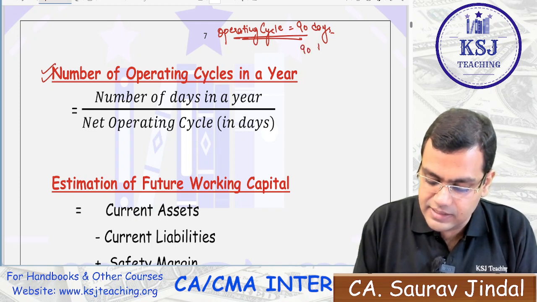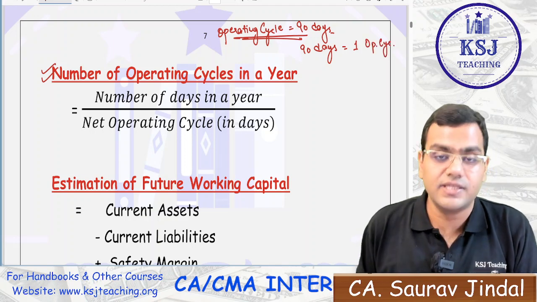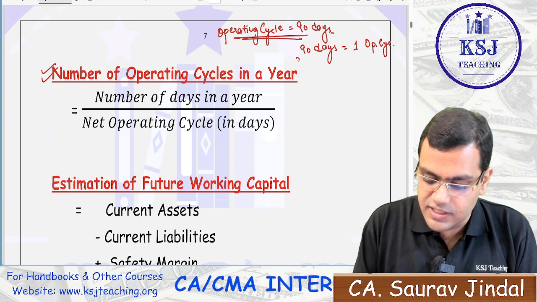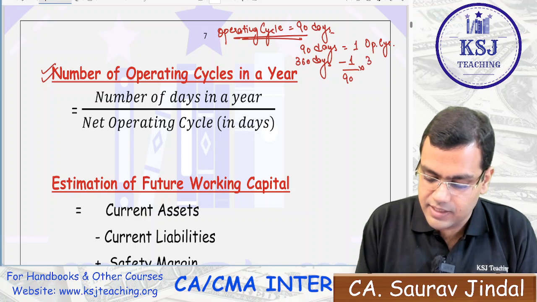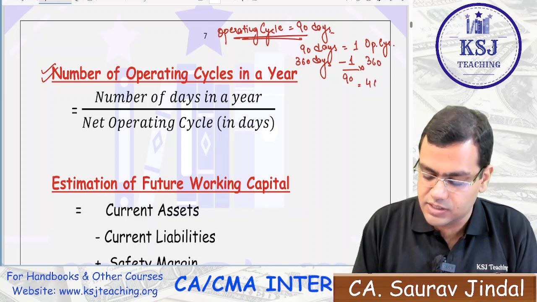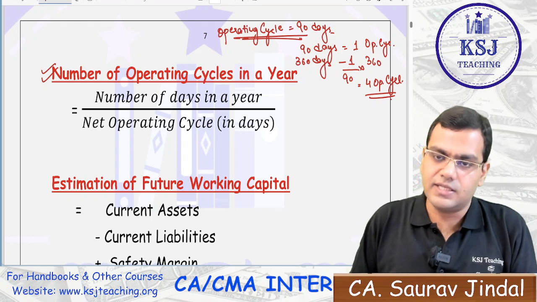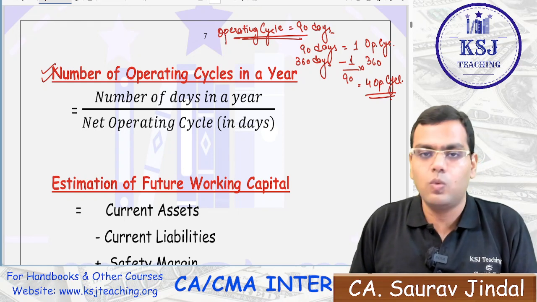Sir, 90 days is equal to one operating cycle, isn't it? This is what I was saying. Now, if in a full year we have 360 days, how many operating cycles will there be? 360 divided by 90, so this represents 4 operating cycles that we are going to have in 1 year.